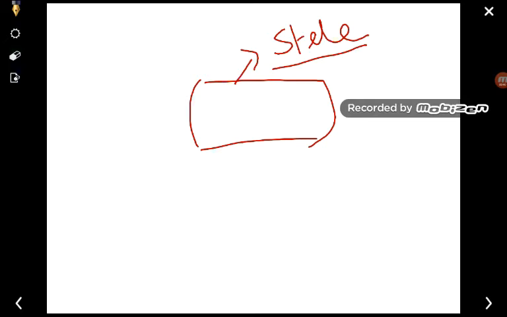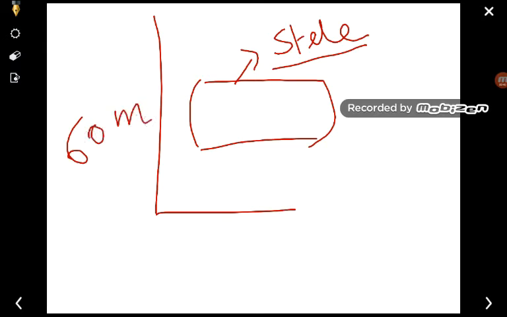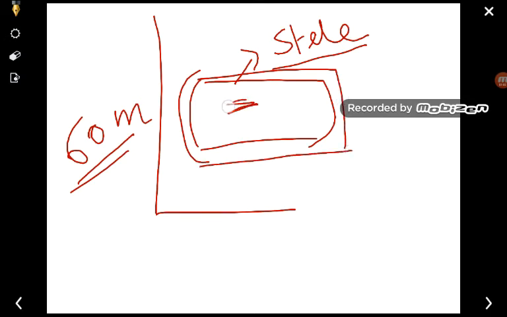The chamber should be 60 meter deep. It should be at least 60 meter below the surface, and the steel drum, which consists of the radioactive waste, should be covered by means of concrete.